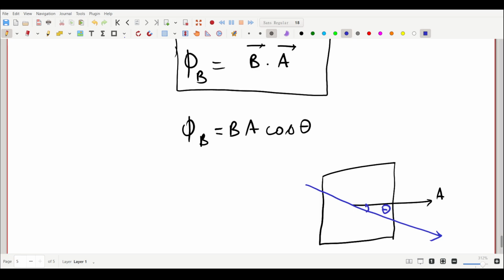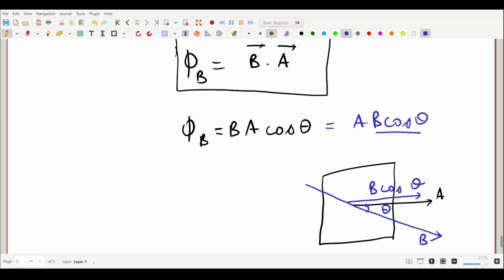So the definition says the number of magnetic field lines passing perpendicular, not at a theta angle. It should be 90 degrees. That's for sure. So in the formula, you have taken those particular magnetic field lines which are perpendicular. B cos theta are the magnetic field lines which are perpendicular to the surface. B is that thing. B cos theta is that component.